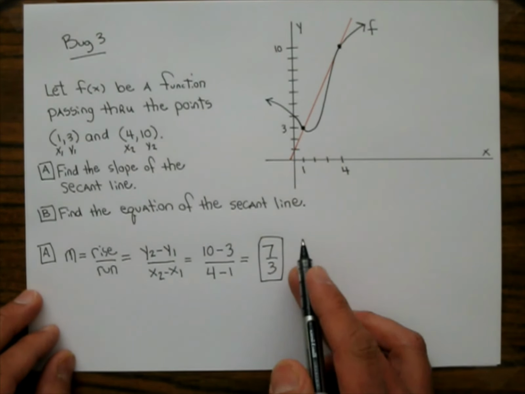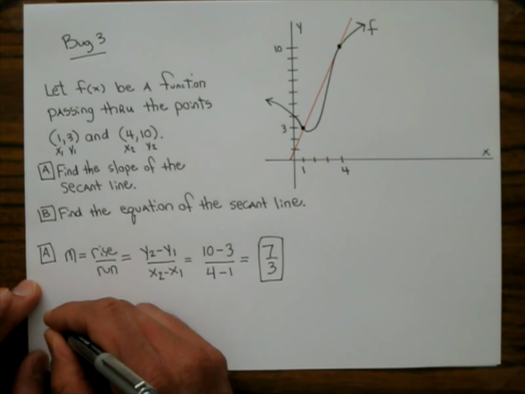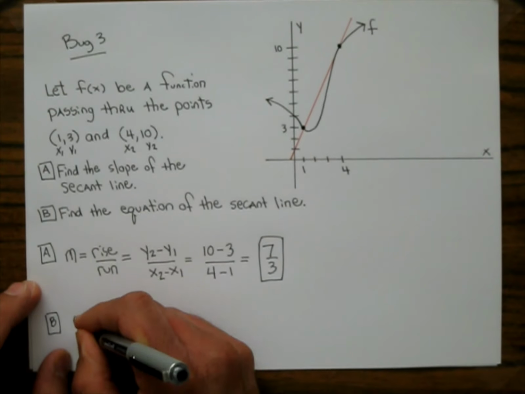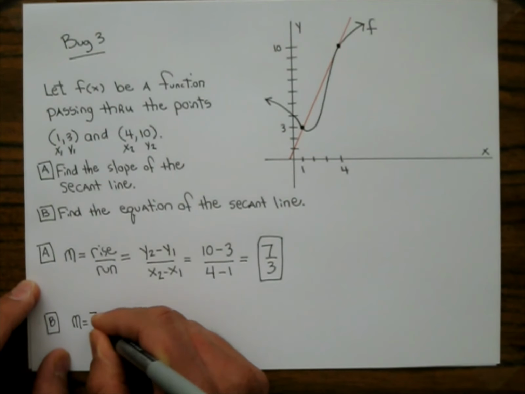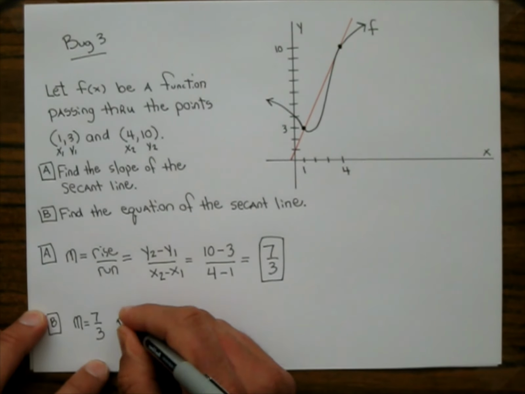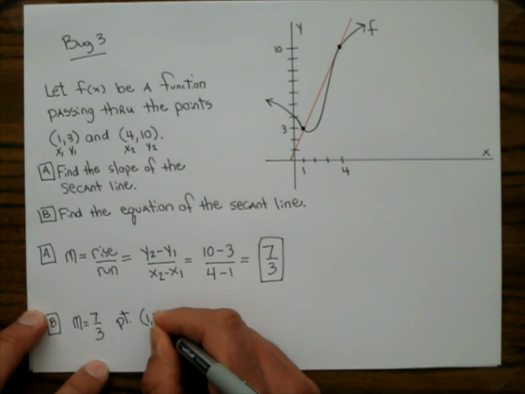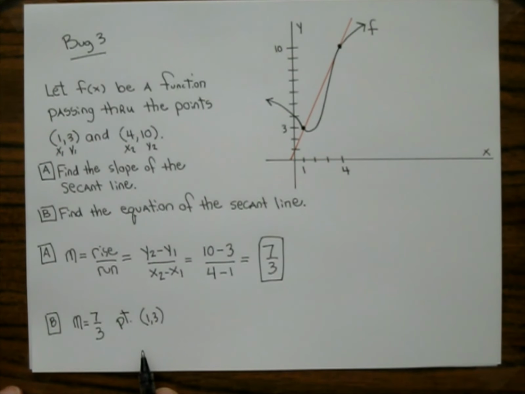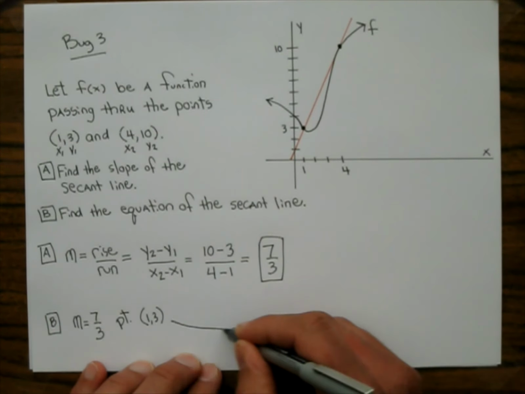Okay, so now what I have is the slope of 7/3, and I have a point of 1, 3. Now there's a few ways of doing this. Some teachers would say, well, use the point slope form, and that's cute.